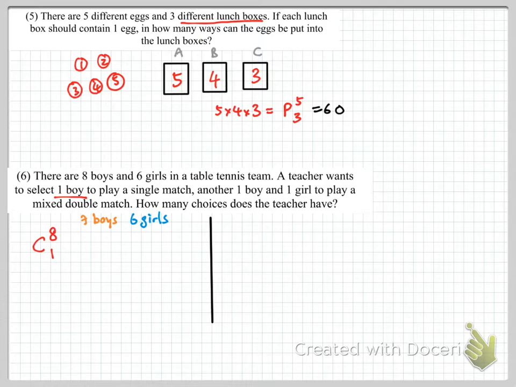Now you want to select 1 boy and 1 girl to play a mixed double match. So how many choices do you have? Among the 7 boys, you can choose 1 of them. Among the 6 girls, you can choose another 1 of them. Now you multiply them together because they are all connected with and. 1 boy for the single in red, 1 boy for the mixed in orange, and 1 girl for the mixed in blue.